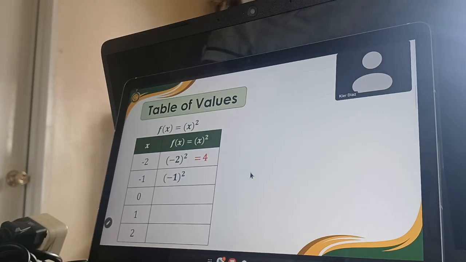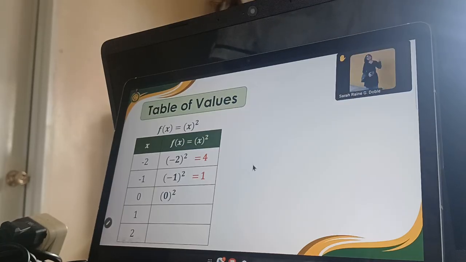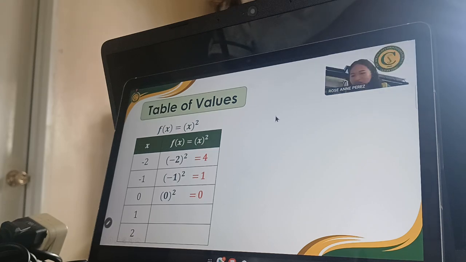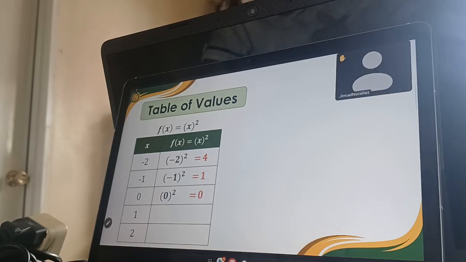Very good. How about if the x is 0? 0. Very good. How about if the x is 1? 1.